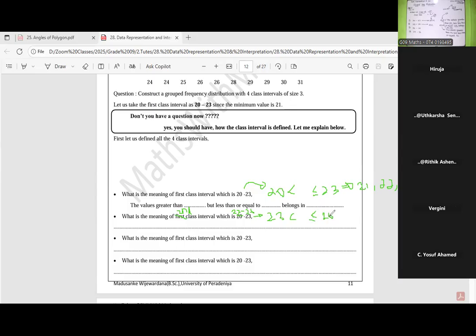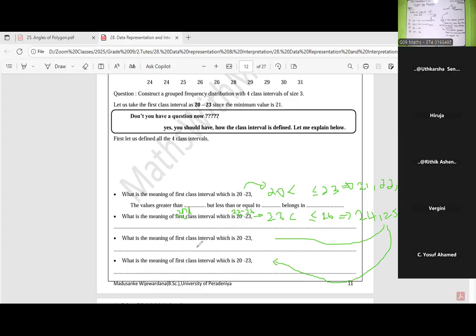So what are the values included here? Starting from 24, because 23 is not included since it must be greater than 23. 24 is greater than 23, then 25, and finally 26.